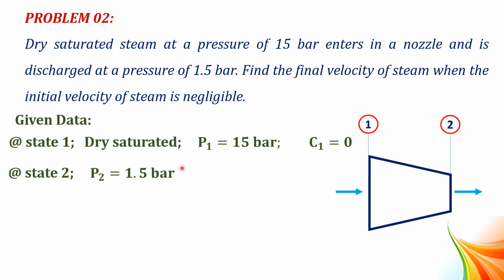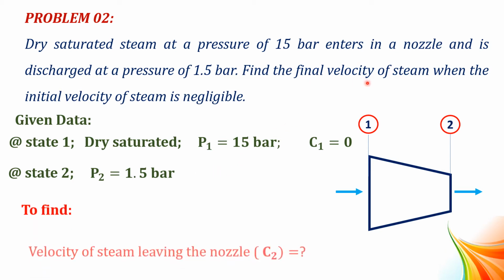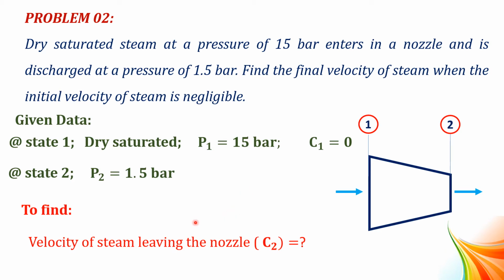So final pressure P2 equal to 1.5 bar. You have to find the final velocity of steam, the velocity of steam leaving the nozzle C2, when the initial velocity of the steam is negligible. So C1 is the initial velocity of steam which is negligible. Therefore C1 equal to 0.